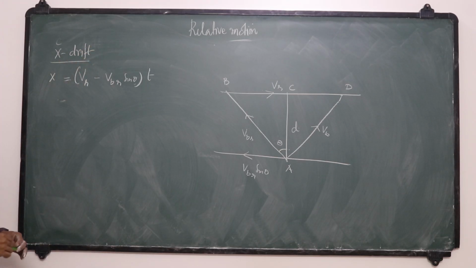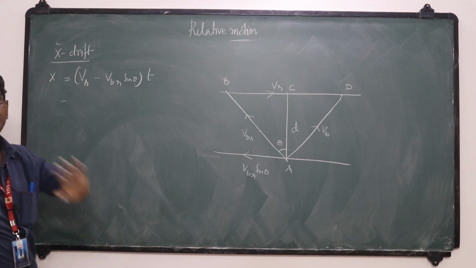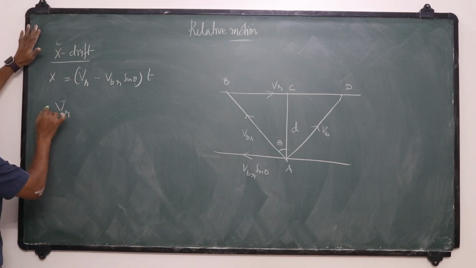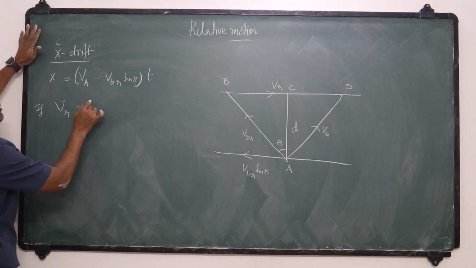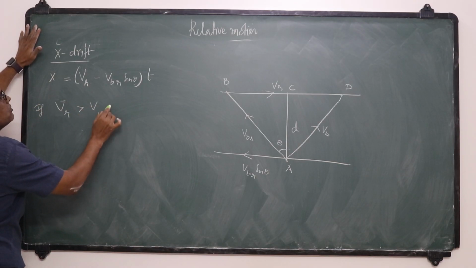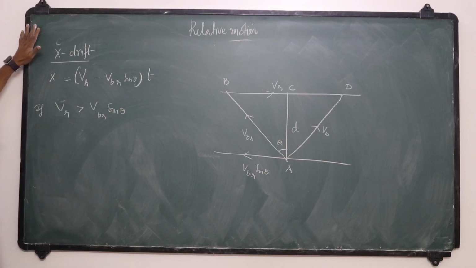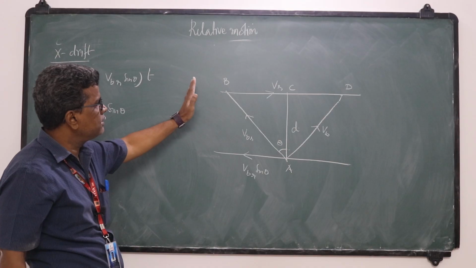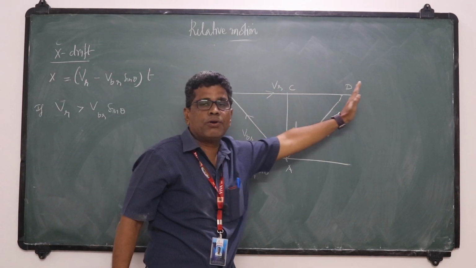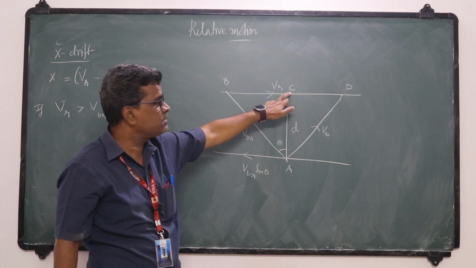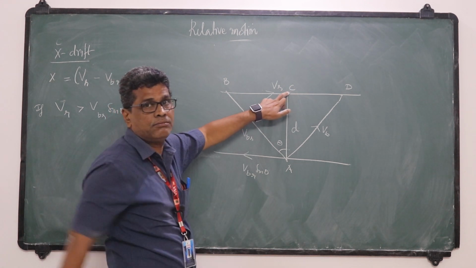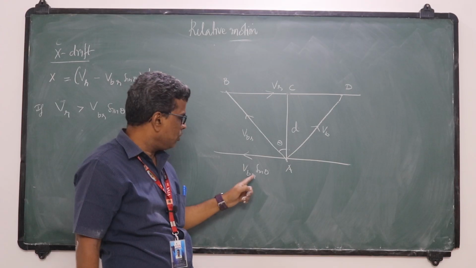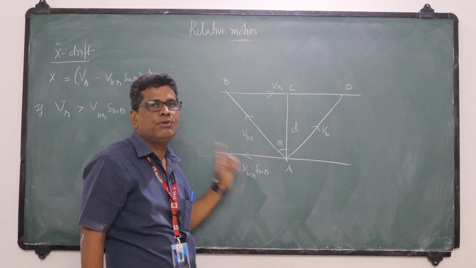Now here there are three possibilities. First one is if VR is greater than VBR sin theta, what happens? The drift will be more. So the boat definitely reaches the point right of C, because the river flow is more than the component of velocity of the boat.